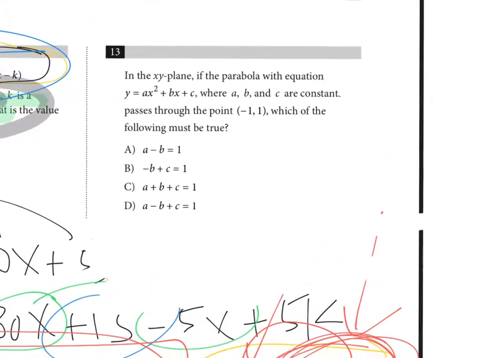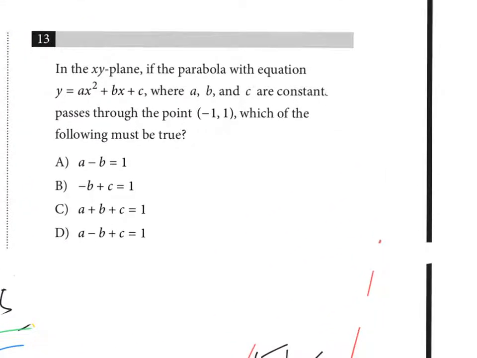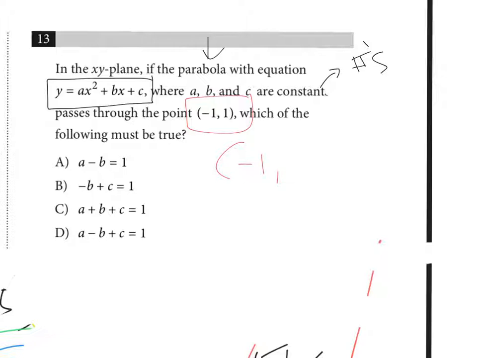Problem 13. In the xy plane, if the parabola with the equation, and they give you the equation of a quadratic equation, which is a parabola when it's graphed, a, b, and c are constants. Remember, constants are just numbers. And it says the parabola passes through the point negative 1, 1.